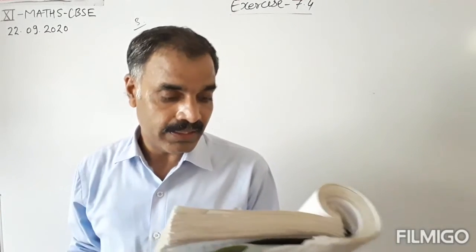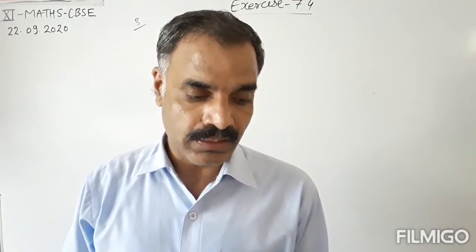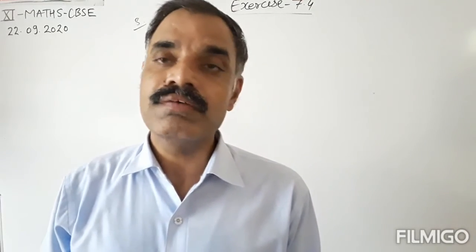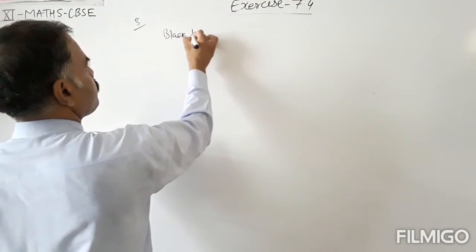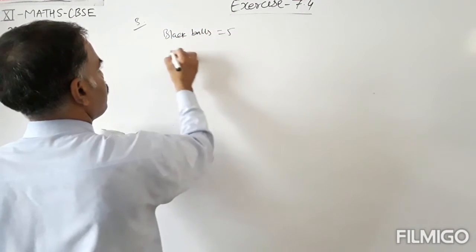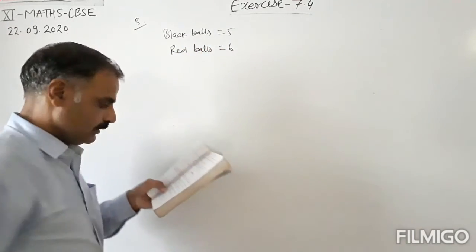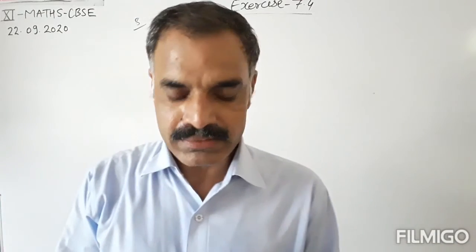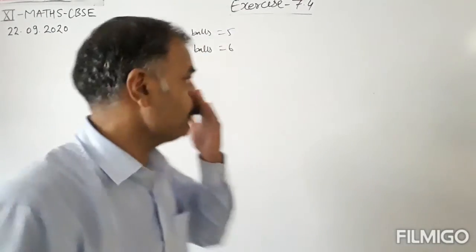A bag. We have been given a bag. A bag contains 5 black and 6 red balls. Okay, so black balls 5 and red balls 6. So determine the number of ways in which 2 black and 3 red balls, means we have to select.